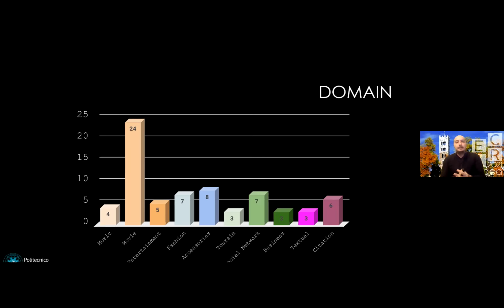And that's a pity because for a recommendation task, we have a lot of domain-specific challenges that could be faced. And it would be interesting to see what happens if we apply GANs in those domains.